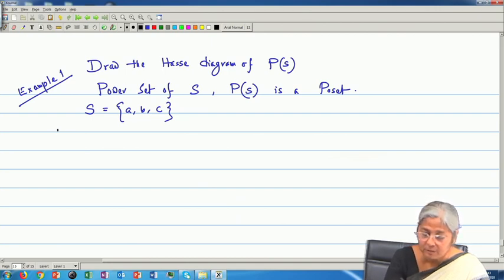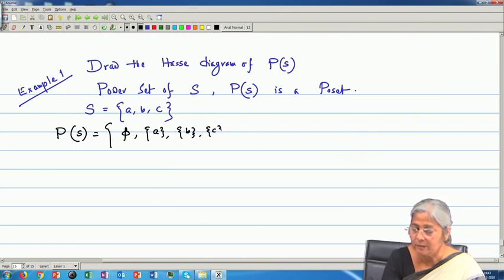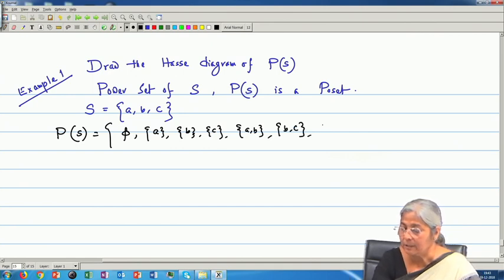Those elements are the empty set, that is the null set, then A, B, C, AB, BC, CA and ABC.